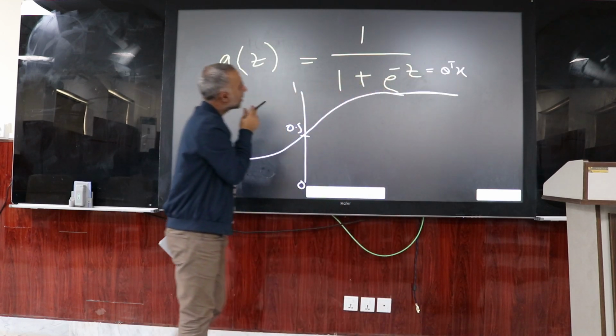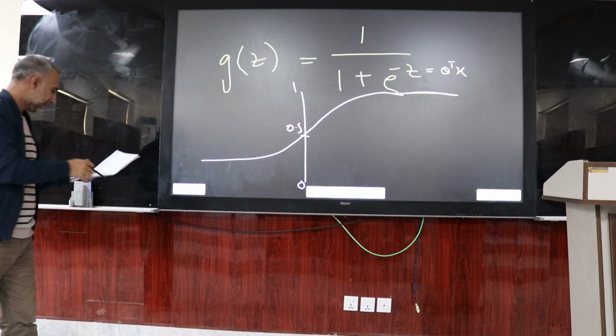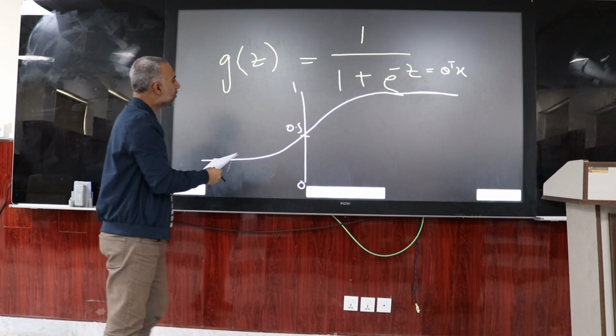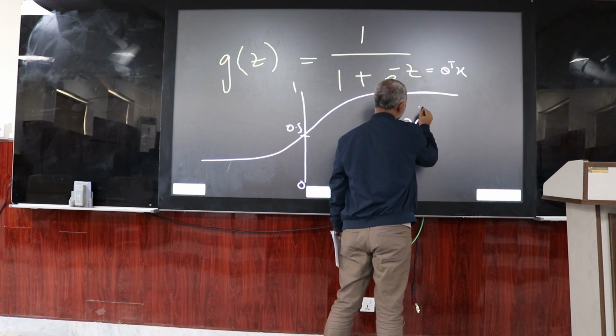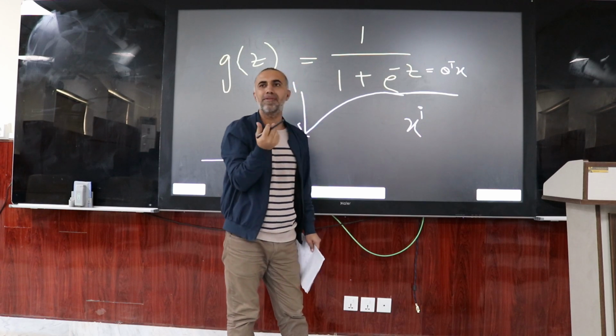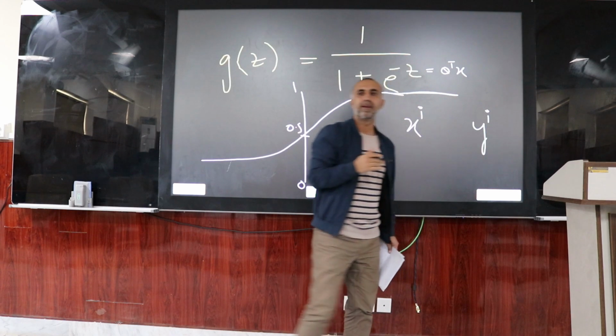We can consider various formations of this z, and let me explain it one by one. Of course, there are x features, and corresponding to these features, for the number of examples, you are getting the possible output.